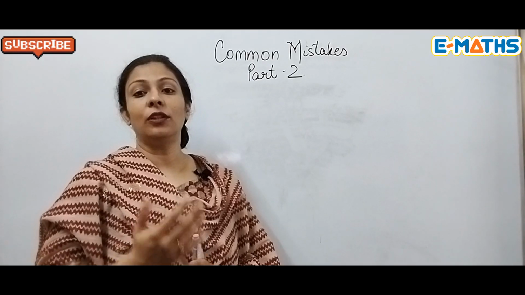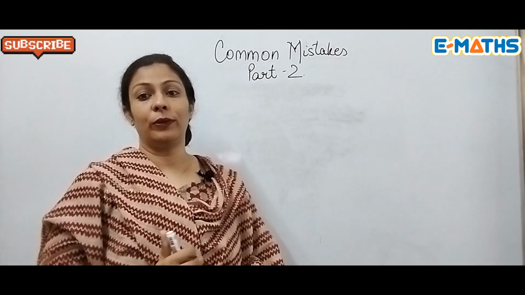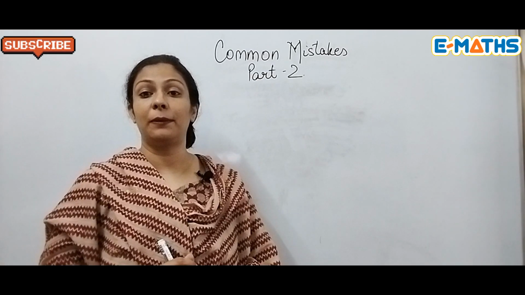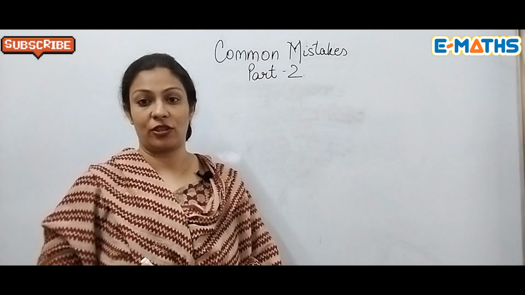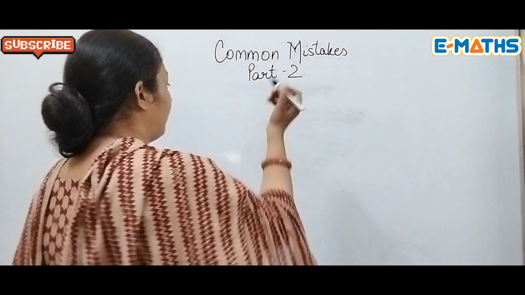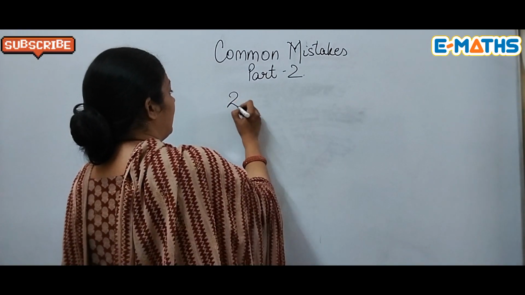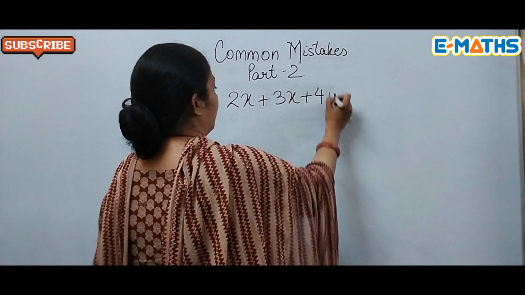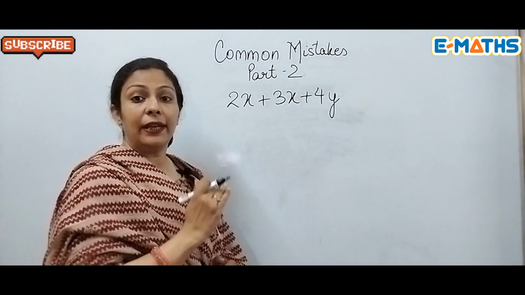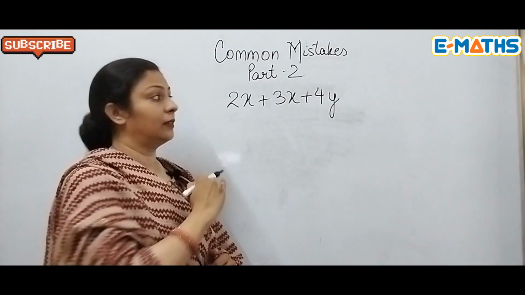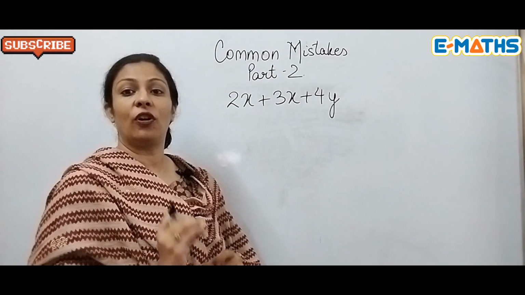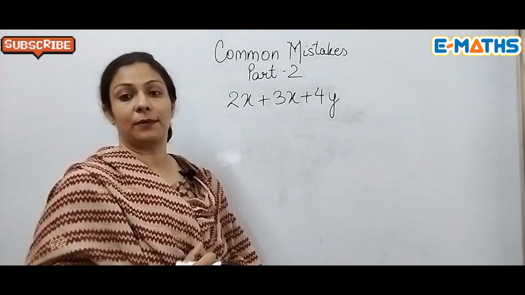So another common mistake which I'm bringing in front of you is about addition, subtraction and multiplication of algebraic expressions. Like if I have to add 2x plus 3x plus 4y, I will first of all look for common like terms.